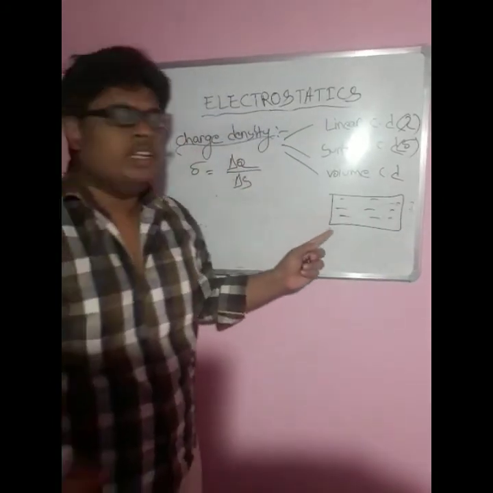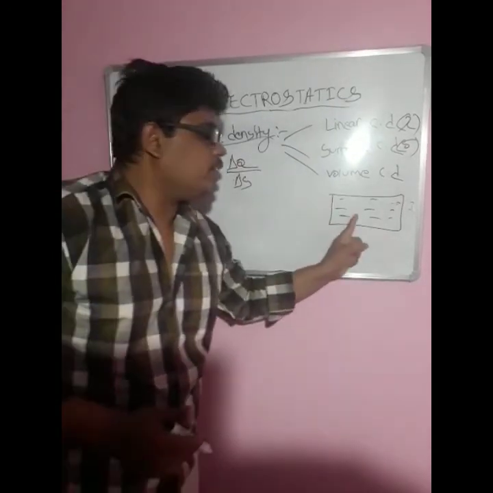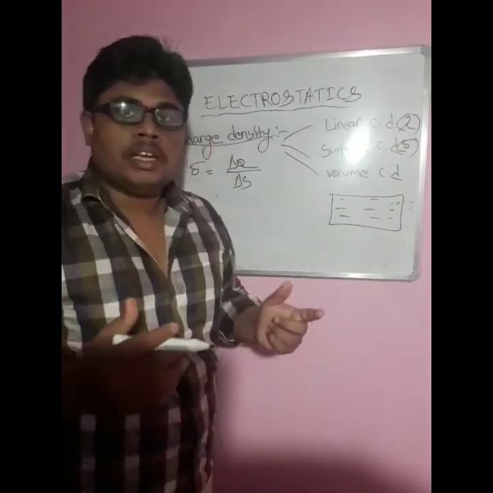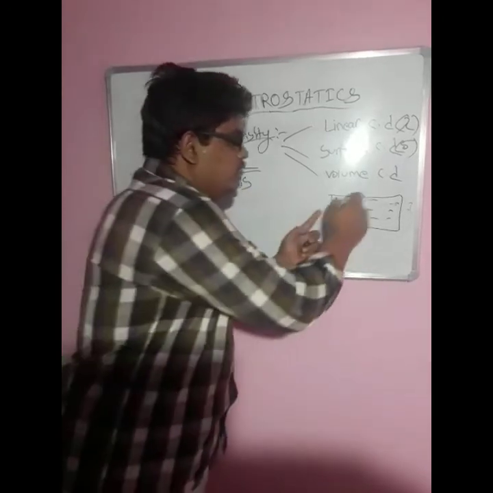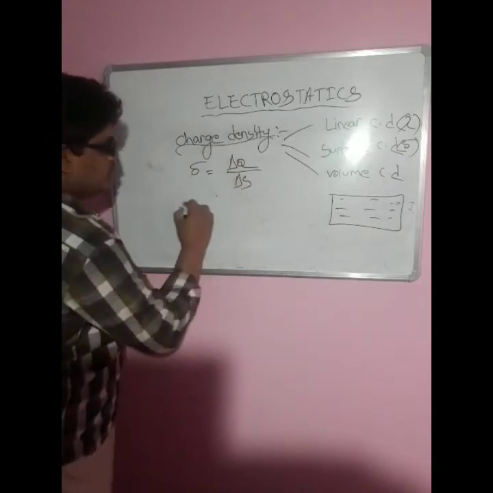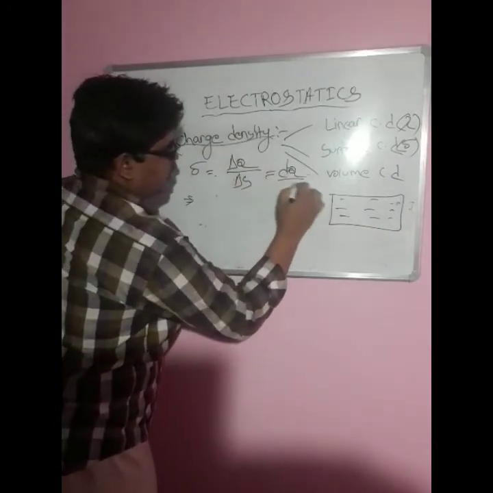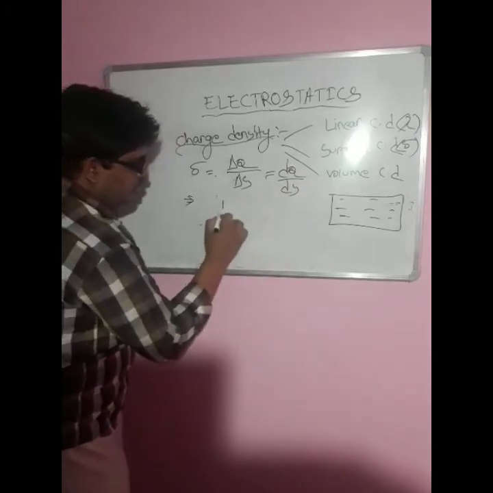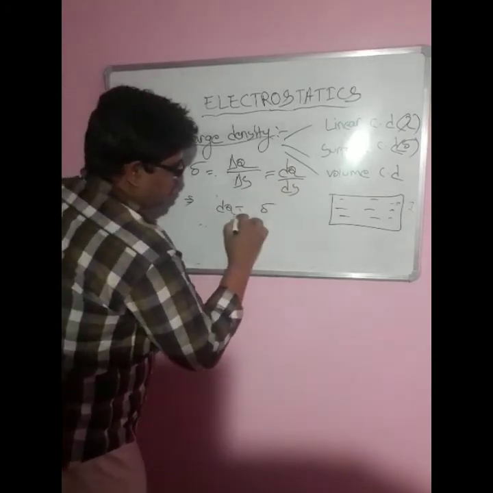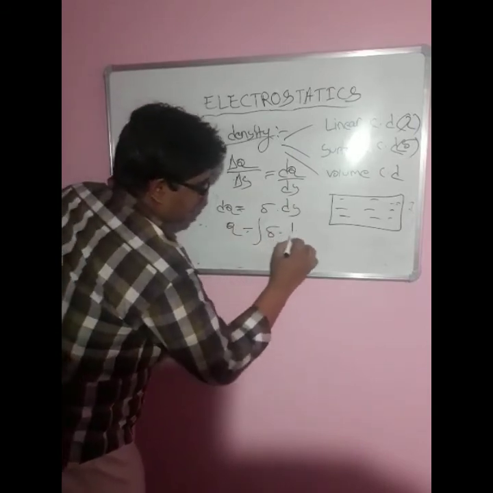See here, this is a rectangle. It may be rectangle, square, anything. See, on the surface there are a number of charges. If I find the charge density here, then the formula is sigma is equal to del q by del s. Similarly, for a point charge, dq by ds, dq is equal to sigma into ds, q is equal to integration of sigma into ds.